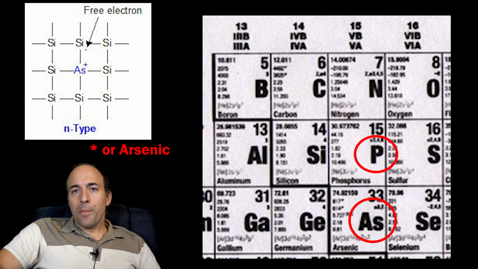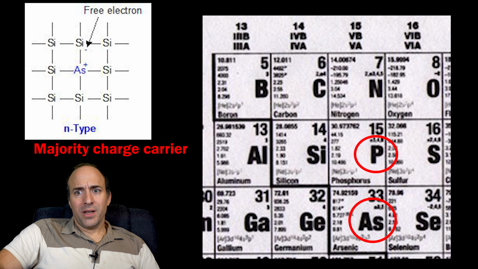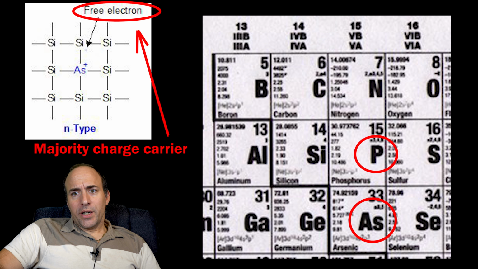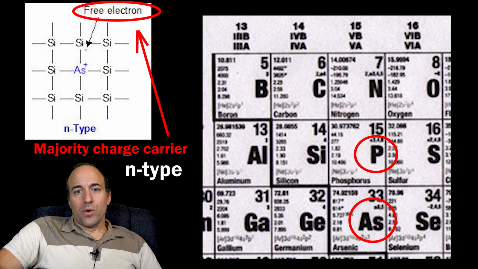So in other words, the dopant atom is fixed in position, but its extra electron can move. These electrons are considered majority charge carriers. So keep that in mind. Majority charge carriers. Silicon that is doped this way, in other words, with a group 5 element, is called N-type silicon, where the N stands for negative, since the majority charge carriers have negative polarity.